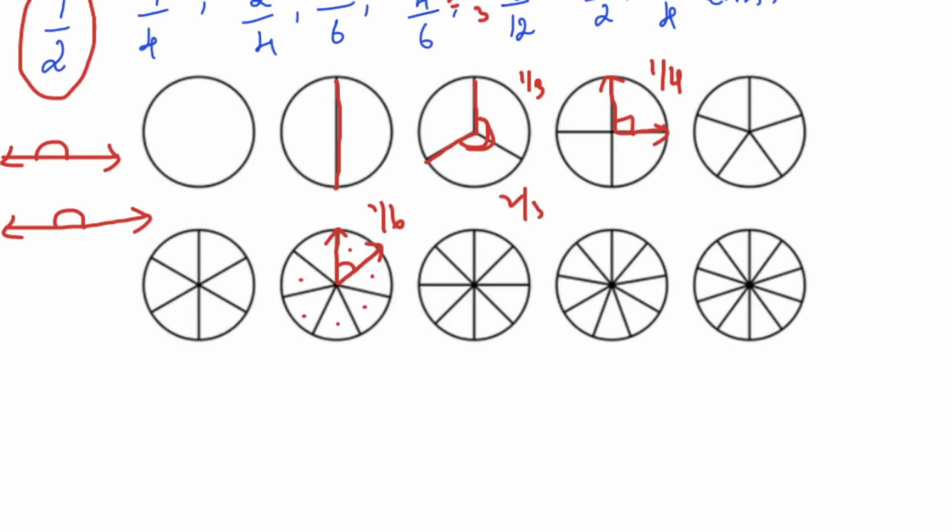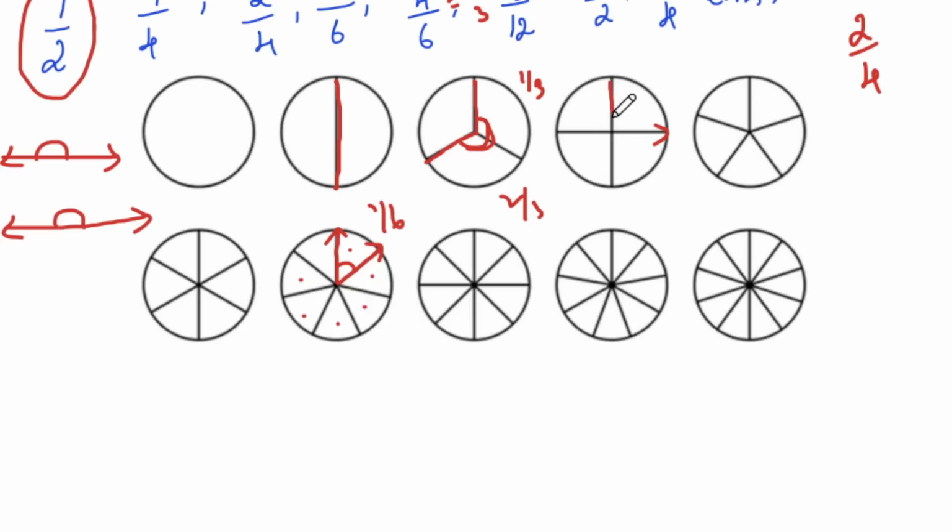Okay. Next we have 1 by 2 plus 1 by 4. Where can we do it? We will do it here. 1 by 2 is also known as 2 by 4. So let me erase this one. Okay.